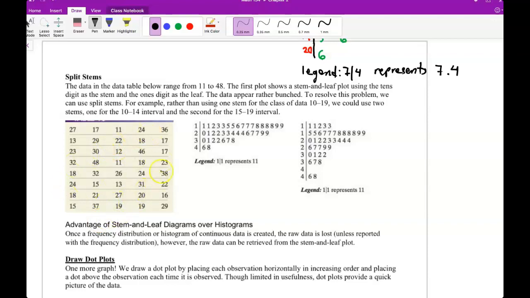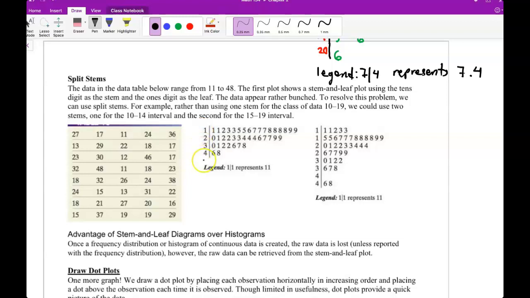So these are the data we have. Based on these data, in the first column we have the stem. So we have these stems here, and here are the leaves. And then we want to split these stems to have this part instead.